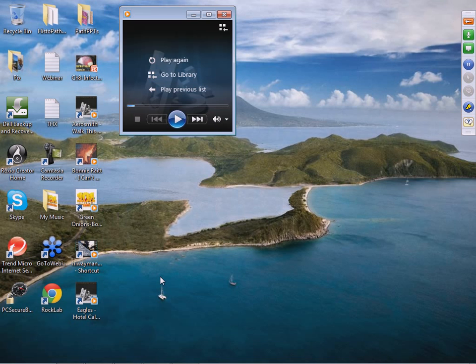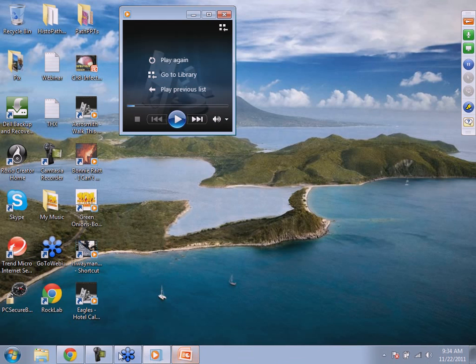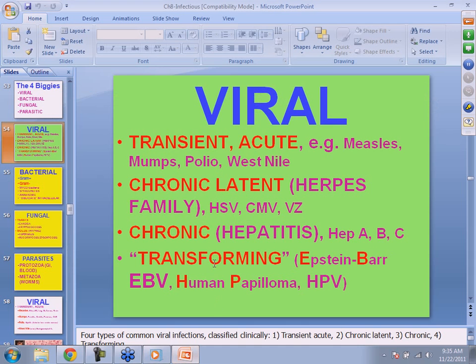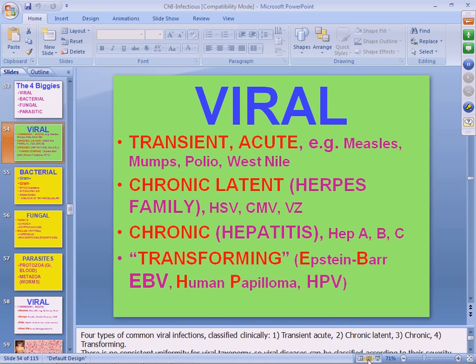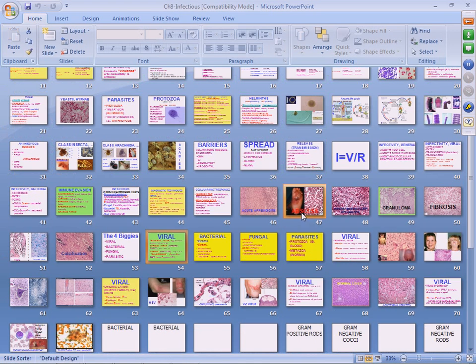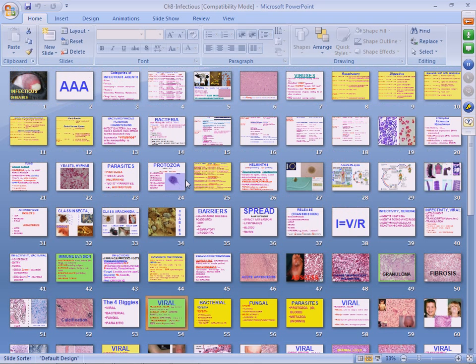Now let me show you something just out of curiosity. I don't know, maybe this is a coincidence or something, but this happens to be the PowerPoint. Now look, I'm going to put it into multiple modes. Now I know there's a lot of yellow stuff on there, and I told you originally that the yellow stuff is what I consider the most important stuff, and that's the stuff you're going to be concentrating on.